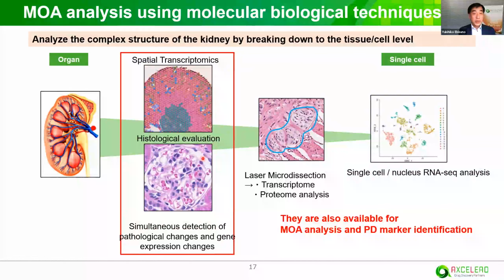Another one is the histological evaluation, as described before. Another one is laser microdissection and single cell and nucleus RNA sequence analysis. So using these approaches, we relate the MOA from organ to the single cell level.